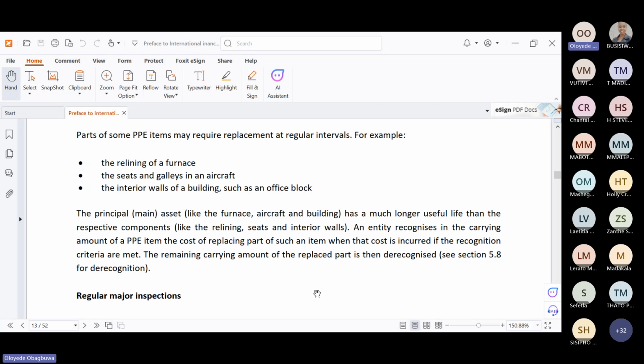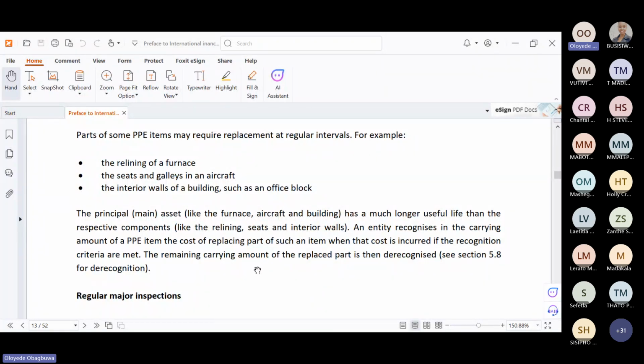So an entity recognizes in the carrying amount of PPE the cost of replacing part of such an item when that cost is incurred, if the recognition criteria are met. One of the recognition criteria is that it must have future benefits.